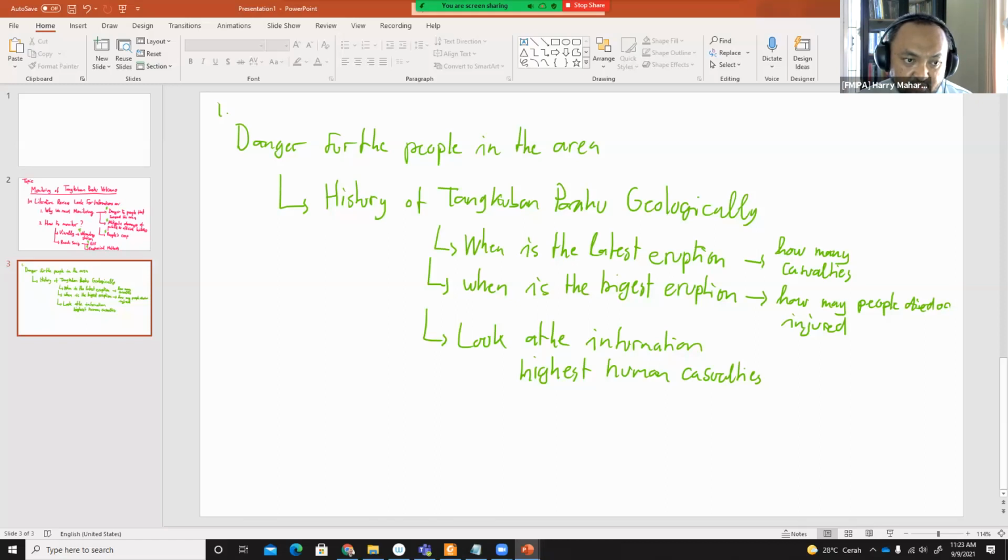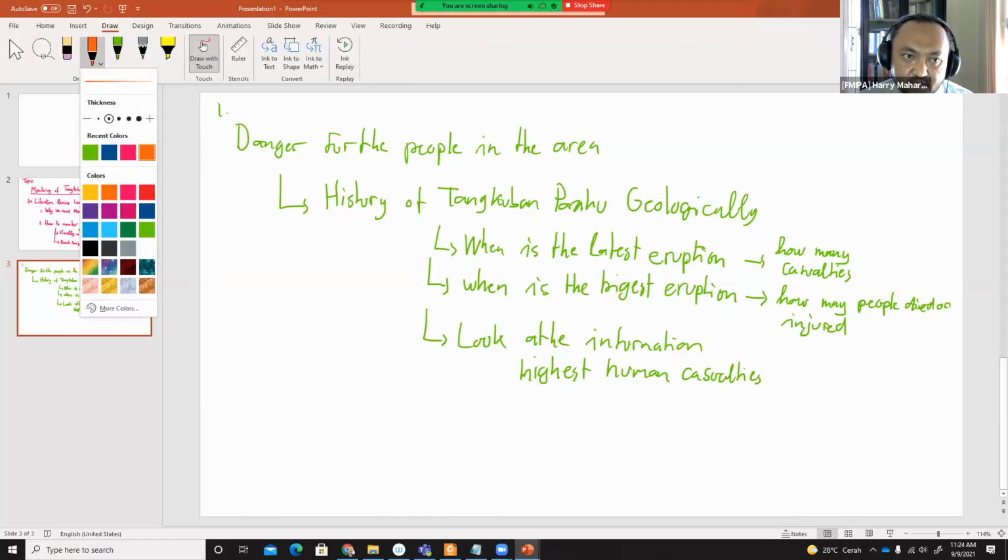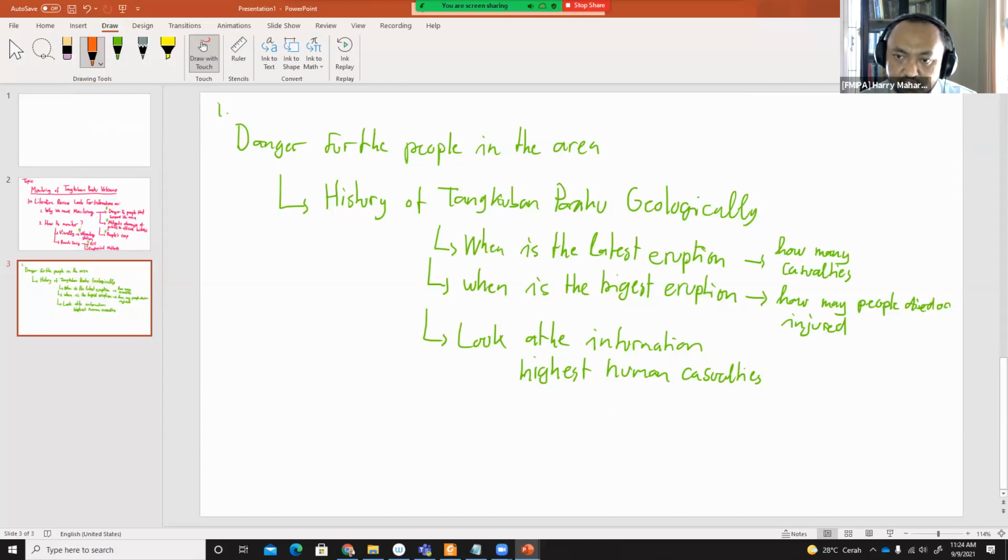Because from here, maybe we can look at the literature, because we are talking about the literature review. So here we need to go to the database, whether using Scopus or Google Scholar, or Elsevier, and so on, and look for the history.